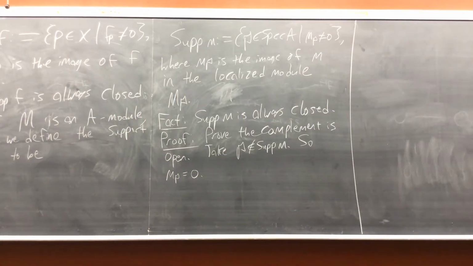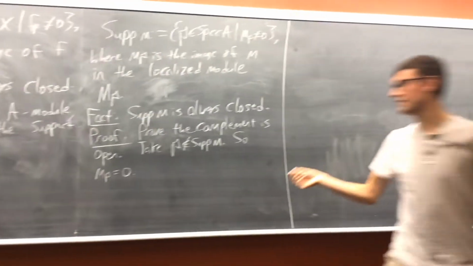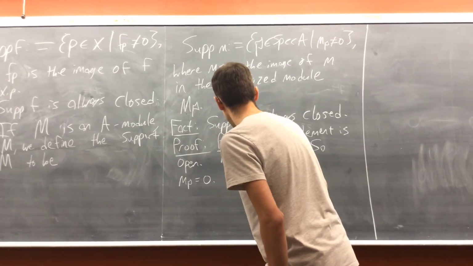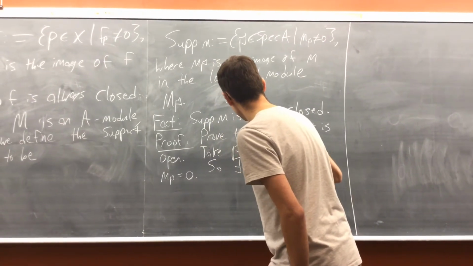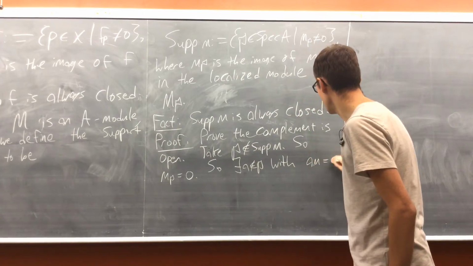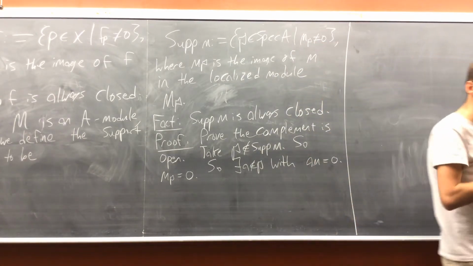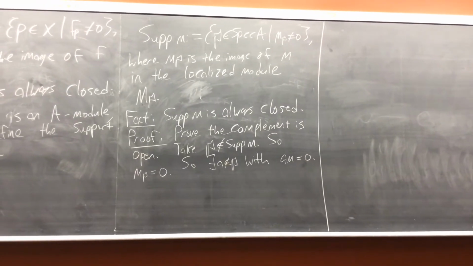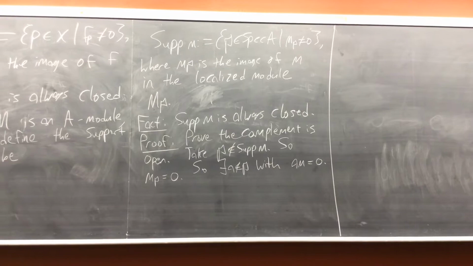And so by definition of localization, that means I can find you an element a not in P such that if I multiply by this element, I get 0, with am equals 0.